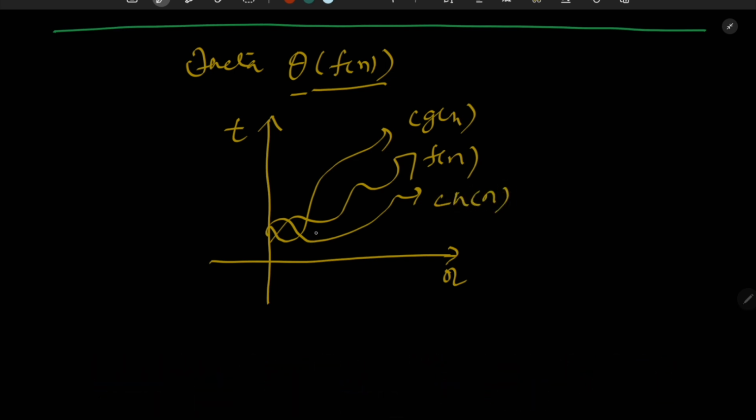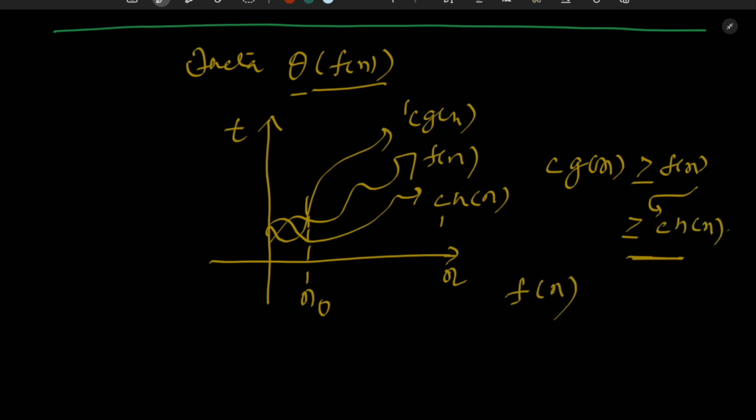Then after a certain value of n, let's say this is n naught, and for some value c, we are going to have a situation c g(n) is greater than or equal to f(n) and f(n) is greater than or equal to c of h(n). So if we are able to find such a c and such an n, then we can say that f(n) is theta of g(n) or f(n) is theta of n.